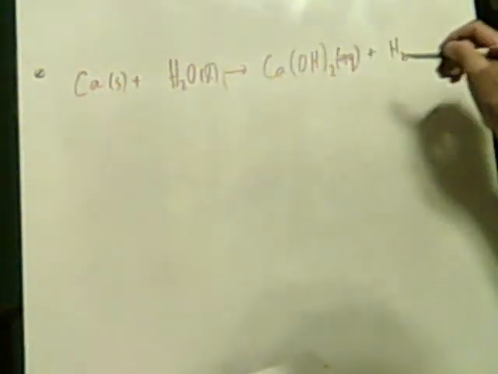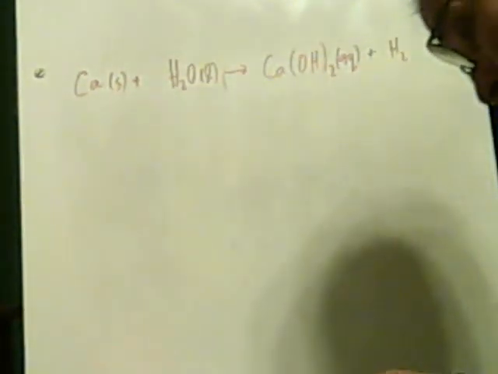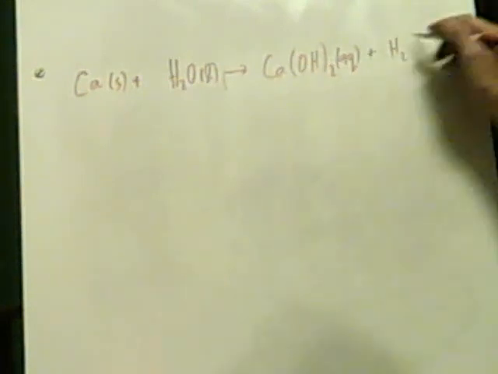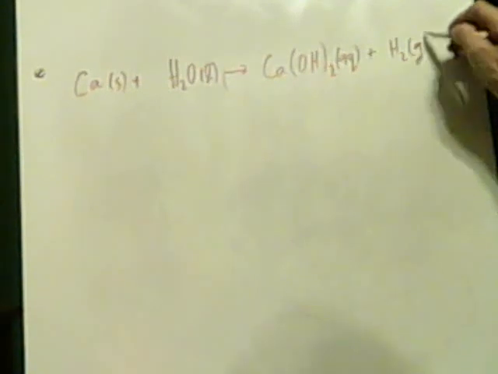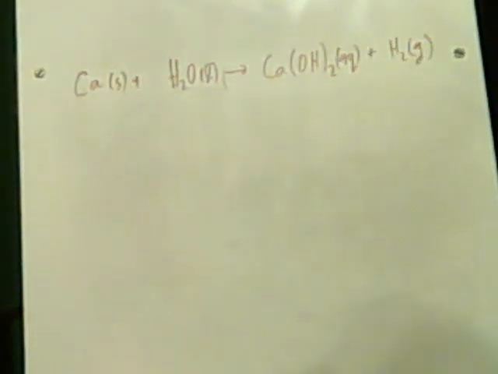So this is a lot like the other one. Calcium, I guess, also might burn in water, or at the very least it produces hydrogen. It might not burn because it might not release as much energy as the sodium. The sodium releases hydrogen gas and enough energy to ignite the hydrogen gas. Okay, this one I'm not sure.